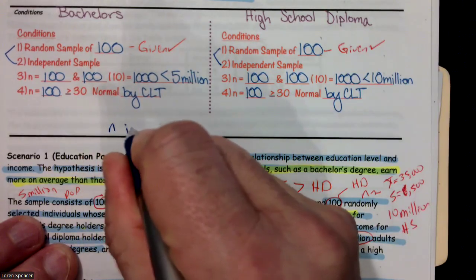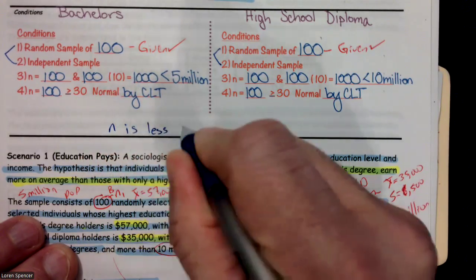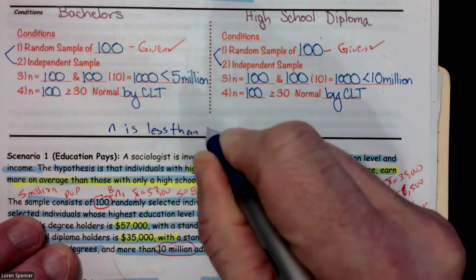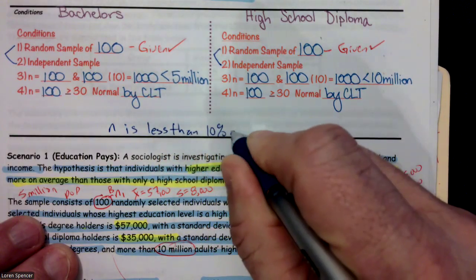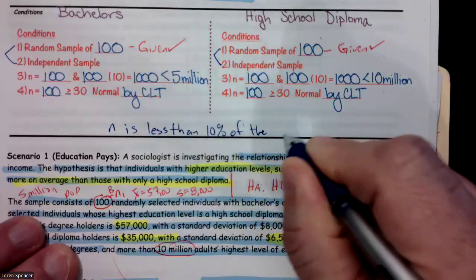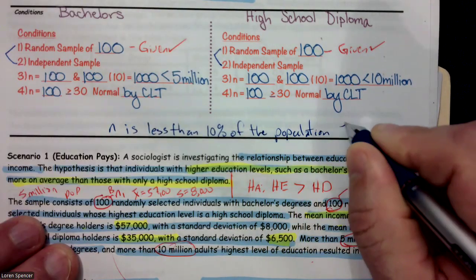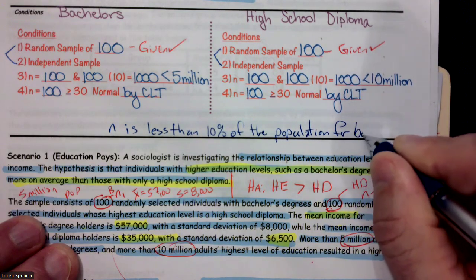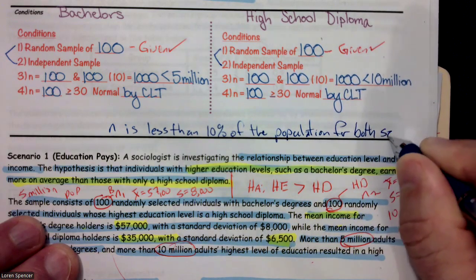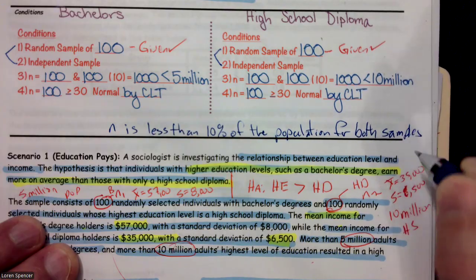So N is less than 10% of the population for both samples. Barely gave myself enough room. Should have started over at the edge.